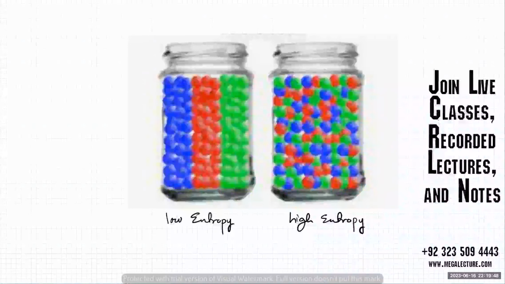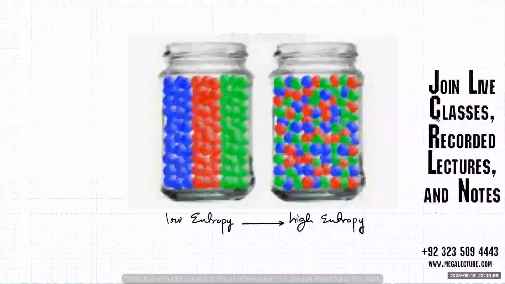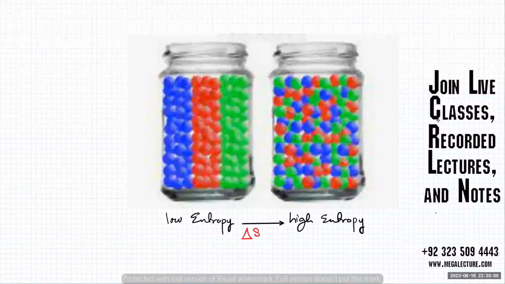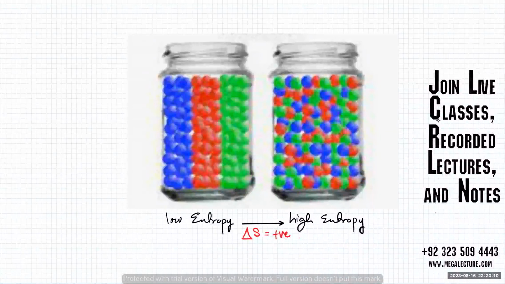When you move from low entropy to high entropy, that's basically a change in entropy, and change is represented by delta S. If your disorder increases, that's delta S positive. If you go from low entropy to high entropy, or low disorder to high disorder, you're gaining disorder.